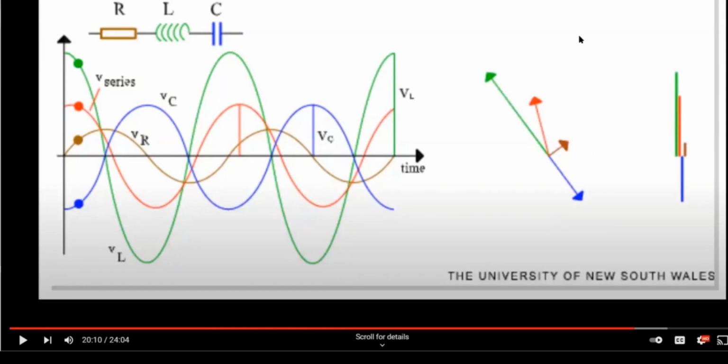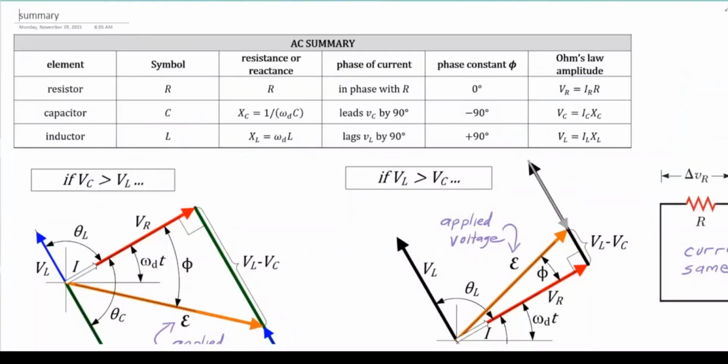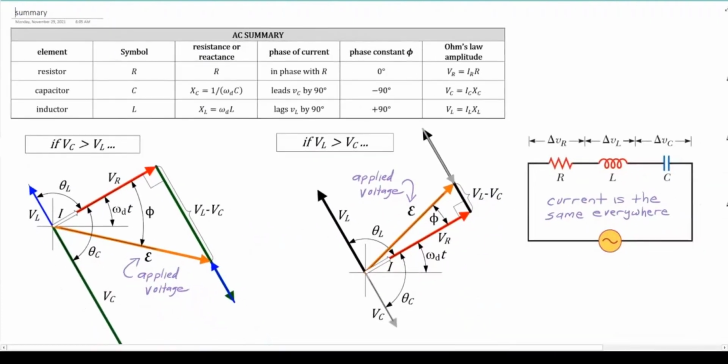I don't know how well you heard that, because I wasn't sharing the sound, but this is a good summary page here. In some ways, this is chapter 31 at a glance. I don't typically like to say you can ignore everything and just make sure you know what this says.